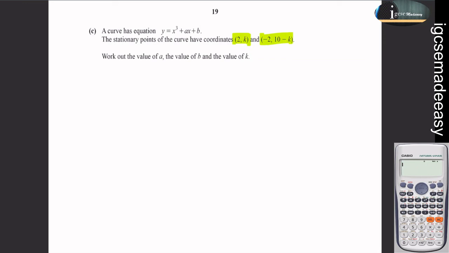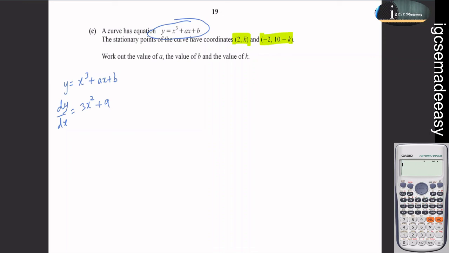So you know that whenever we are finding a stationary point, we have to differentiate the equation and put that equal to 0. dy by dx equals 0. So let's first differentiate this one. We have the equation y equals x cube plus ax plus b. If I differentiate this with respect to x, I'll get 3x square plus a.